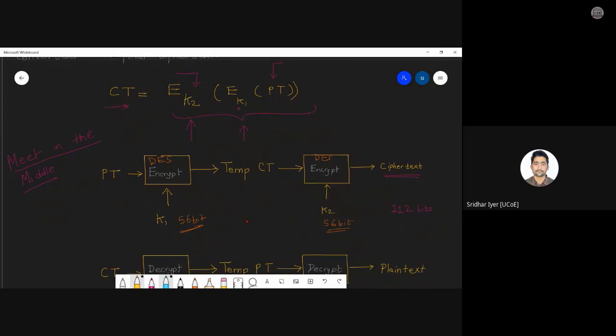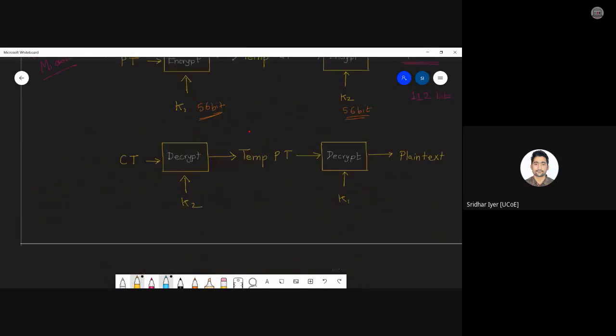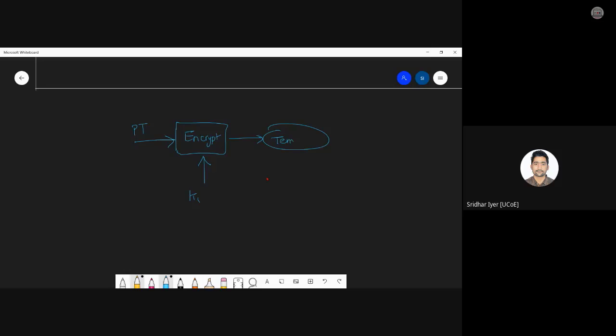Okay. So I'm just giving you a scenario. This is your first plain text, which is getting encrypted, right? This is your plain text, and I'm encrypting that with K1. You will get a temporary result. Fine.